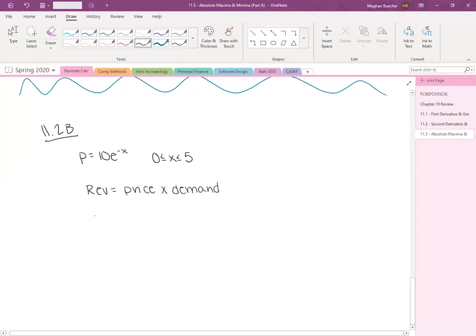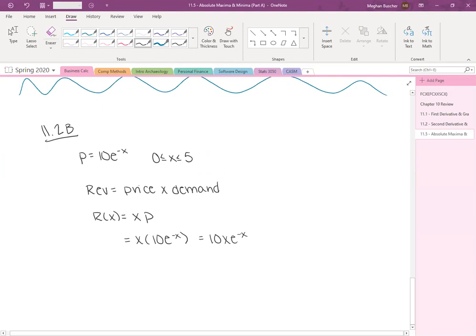But in this case, we already have the price demand solved in terms of one of our variables. And we can do it, but it's not quite straightforward to go back the other way. So we want our revenue to be in terms of x. So what that means is we're going to have x times our price equation, which is x times 10e to the negative x.